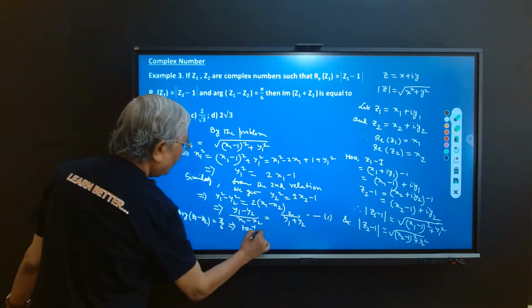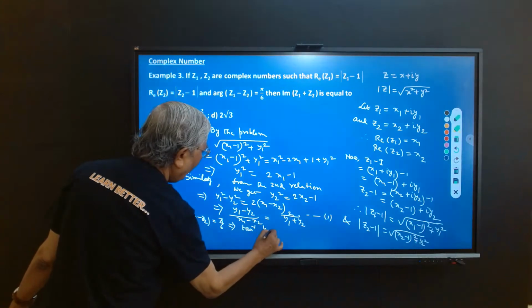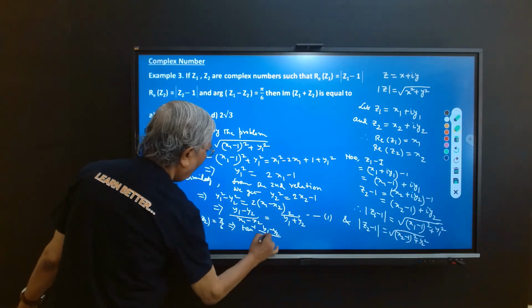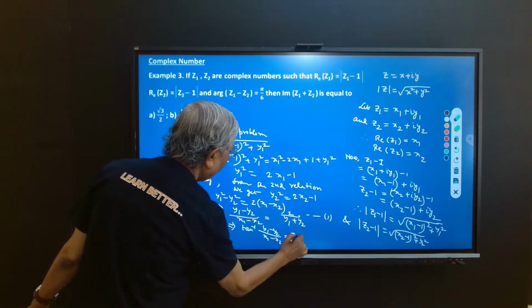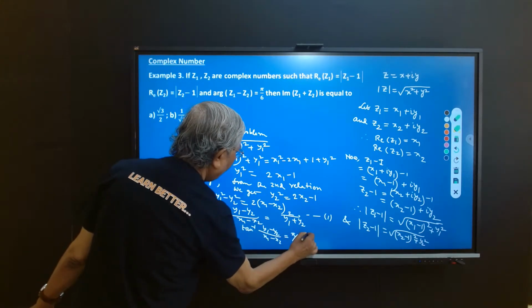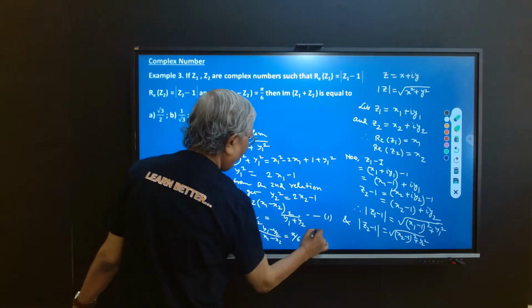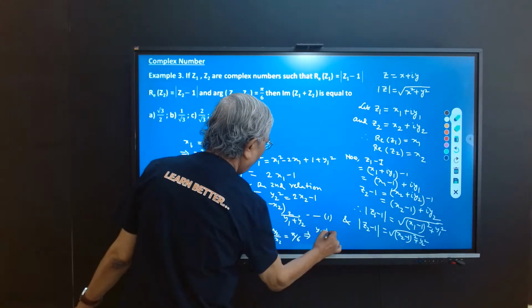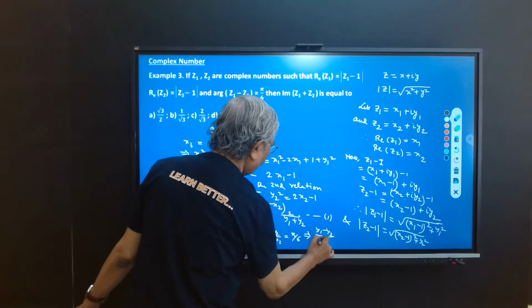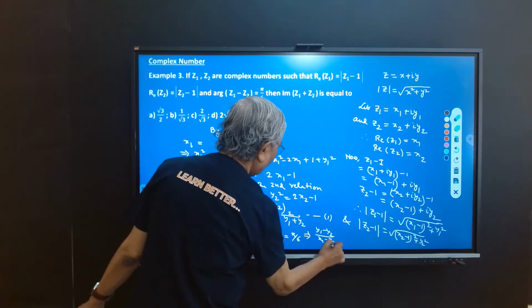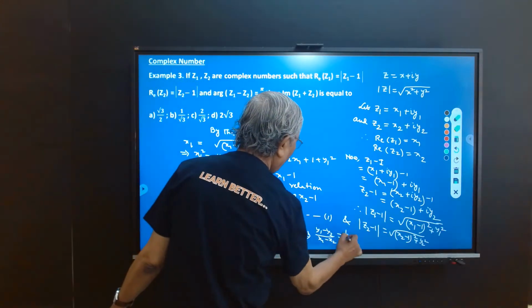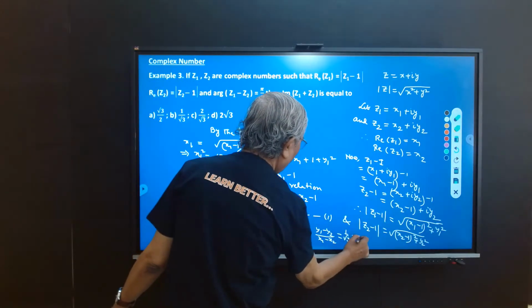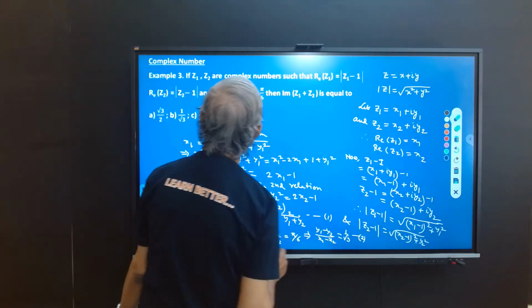So we can write tan inverse of (y1 minus y2) by (x1 minus x2) equal to pi by 6. From this you can write (y1 minus y2) by (x1 minus x2) equals tan pi by 6, which is 1 by root 3. This is relation number 2.